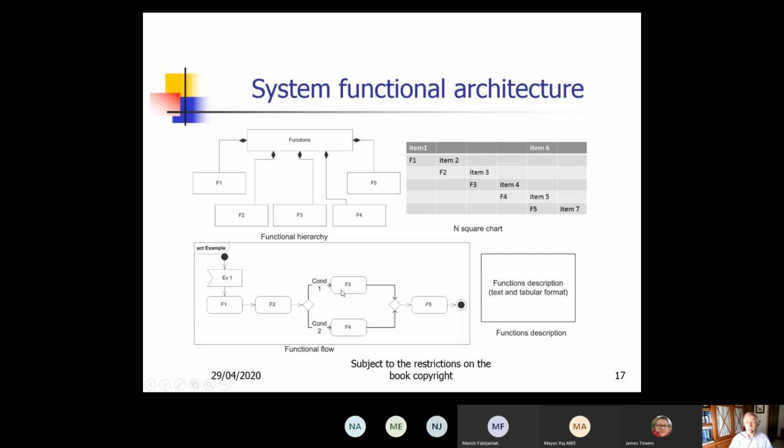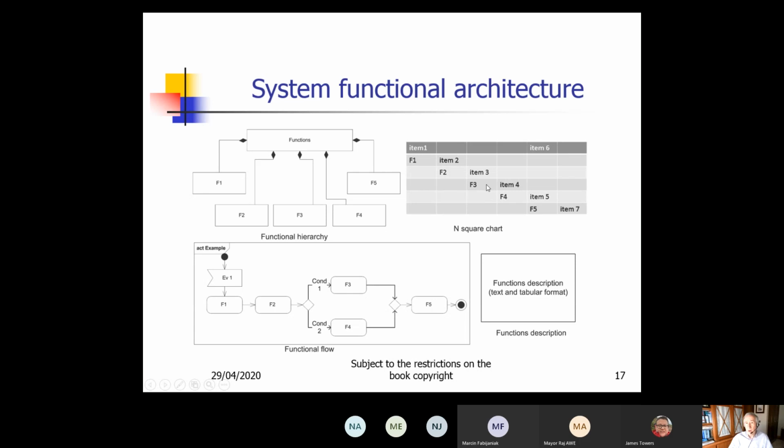We don't represent in this diagram the items that one function sends to another function. For this representation, we use the N-square chart. So the activity diagram is less complex. Other methodologies represent both in the same activity diagram, so it is cluttered with a lot of information. We prefer to represent the flow and the interface independently.